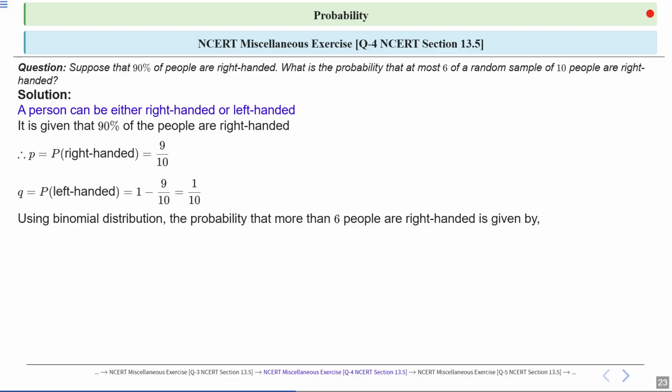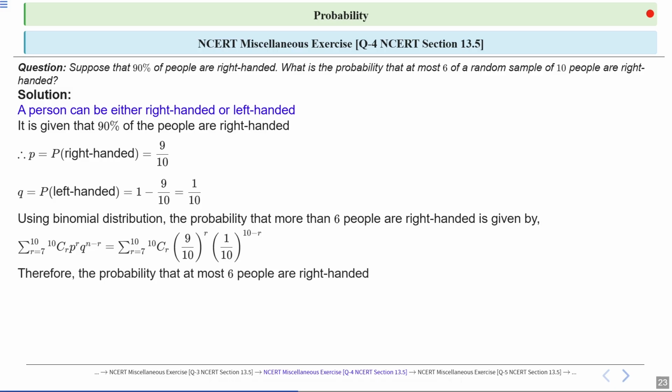Now using binomial distribution, the probability that more than 6 people are right-handed is given by the summation for r from 7 to 10 of 10 C r, p to the power r times q to the power n minus r, which equals the summation for r equals 7 to 10 of 10 C r, 9 by 10 whole to the power r times 1 by 10 whole to the power 10 minus r.